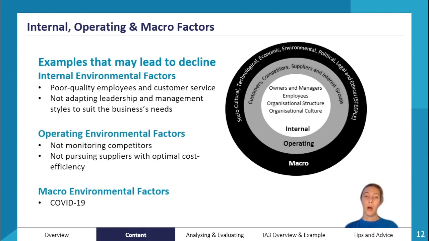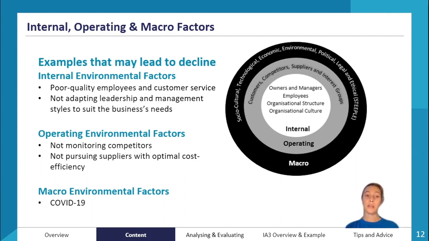Now if we look at examples that lead to decline, potentially, in terms of internal, you may have poor quality employees and customer service, and that is going to then lead to poor customer satisfaction and potential reputational damage. And all of this has a flow-on effect to potentially mean the business will decline. Keep in mind that there are different levels of this.